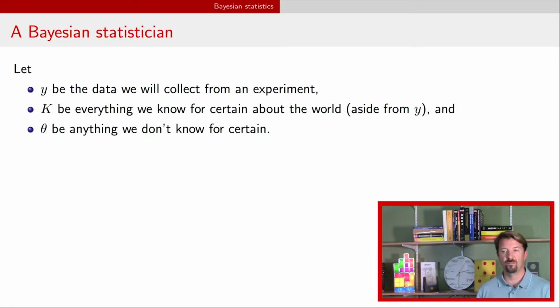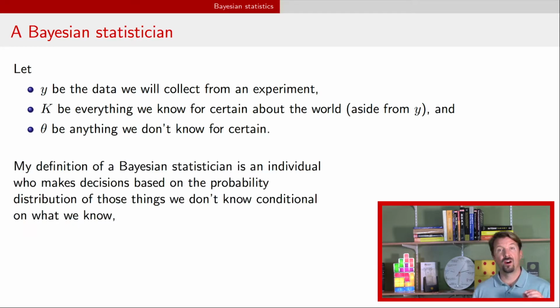So then a Bayesian statistician for me is a statistician or individual who makes decisions based on the probability distribution of things we don't know, conditional on the things that we do. And so as notation, we could write this as P(theta | Y, K). Right? So we're making decisions based on this distribution for theta given Y, the data from the experiment, and K, everything else that we know.